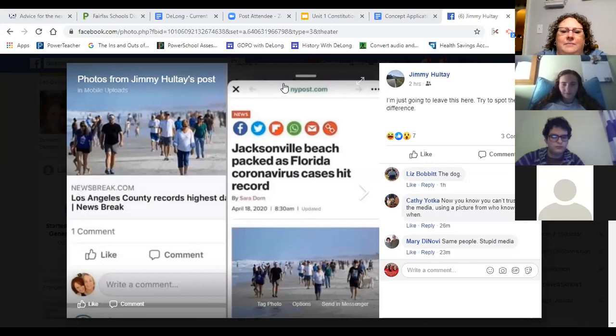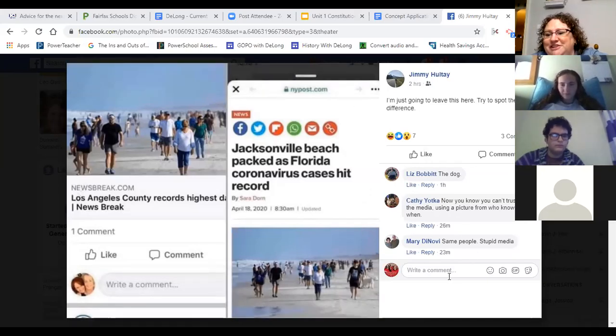Linkage institutions are not going to be on your test, but this is a wonderful example. There's a lot of accusation that the media, of course, is driving a lot of this. I do not envy the president or the governor right now. I cannot imagine the stress either of them is under, having to run the country, run the state, and make the decisions they have to make, knowing that no matter what they decide, a large group of people will not be happy.